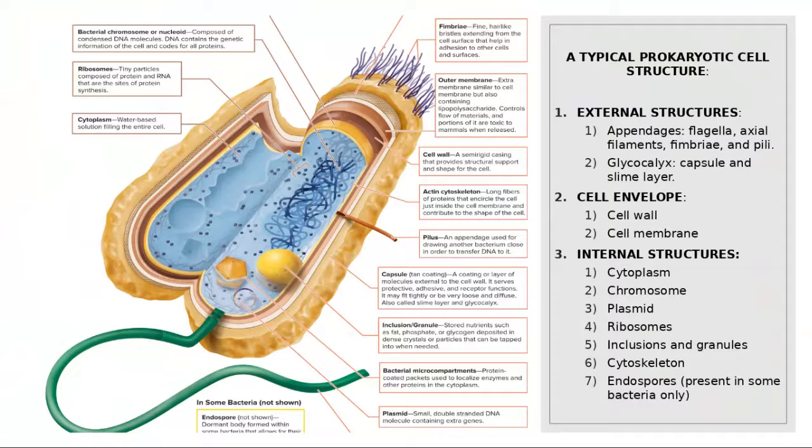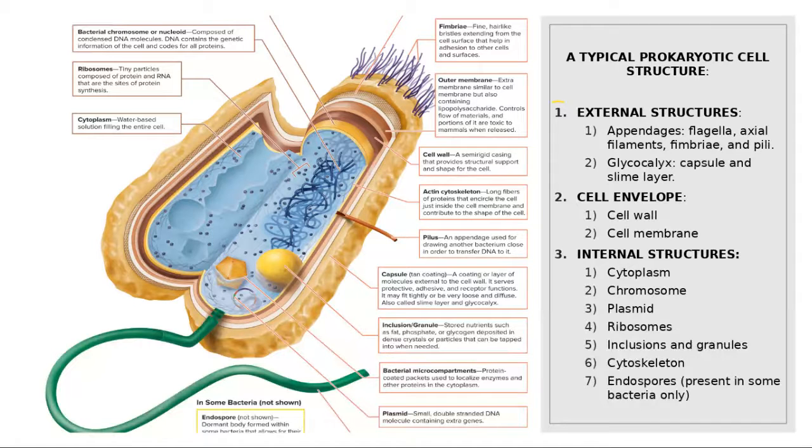Let's see the summary of the structure of the prokaryotic cell. Remember, it has three main structures. The first one is what we call the external structure.